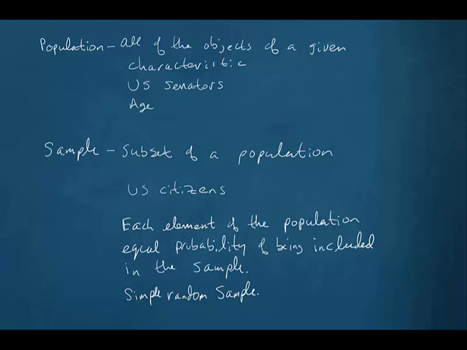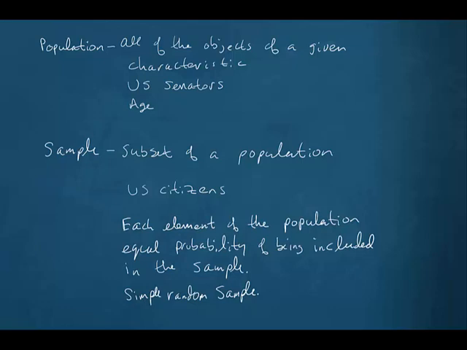For instance, we wouldn't go to an elementary school to find the average age of U.S. citizens. Obviously, our data set would be very small compared to what would be a better representation of the ages of the U.S. citizens.